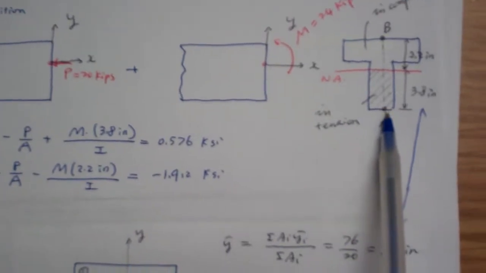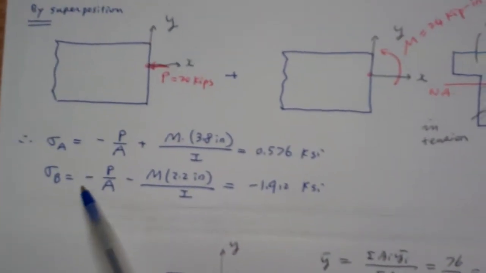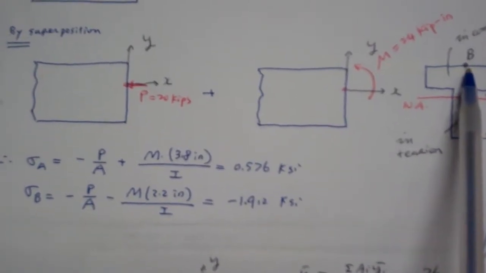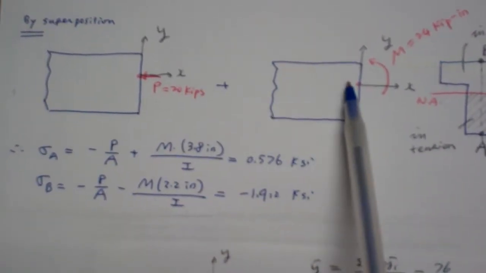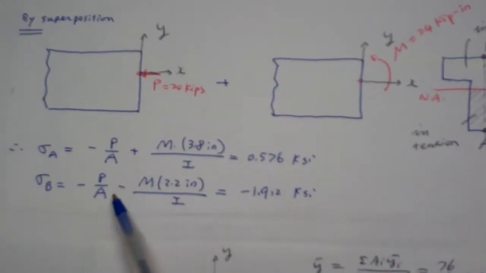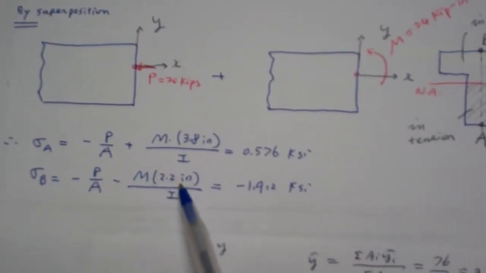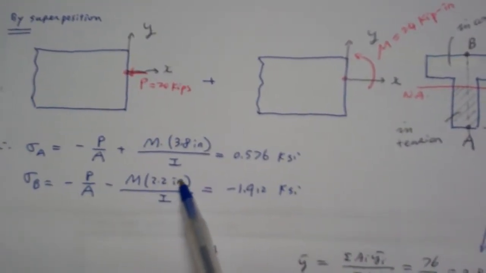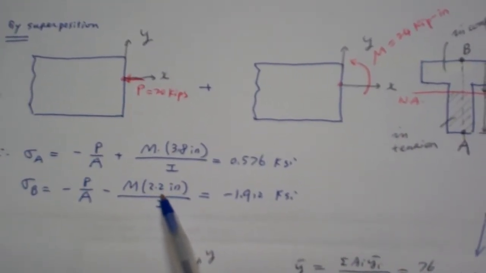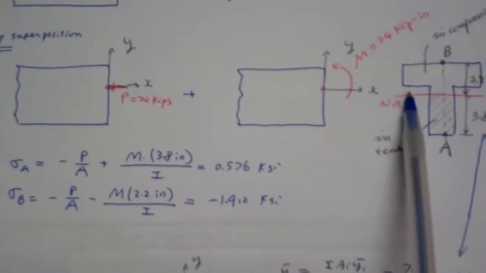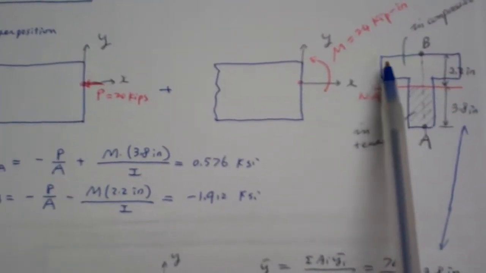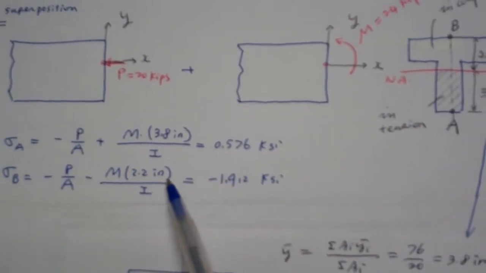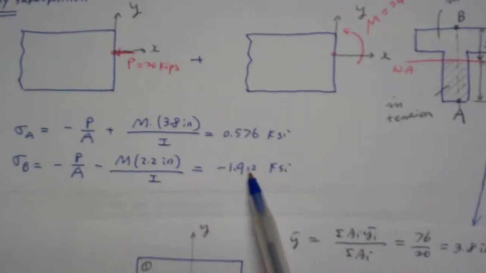So that is the stress at A. The stress at B, at the top here, is the same: a combination of the two loading results, the normal stress and the bending stress. Again, the bending stress is My over I, where y is the distance measured from the neutral axis of the pure bending to B, which is 2.2. And we got the result like this.